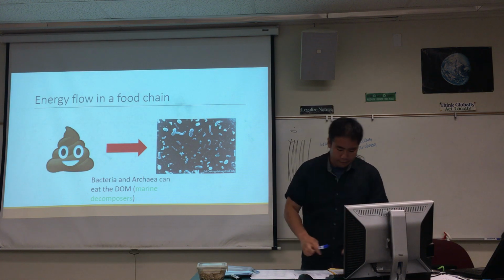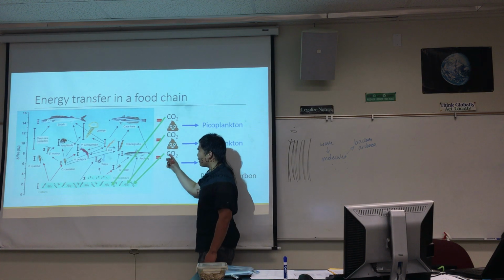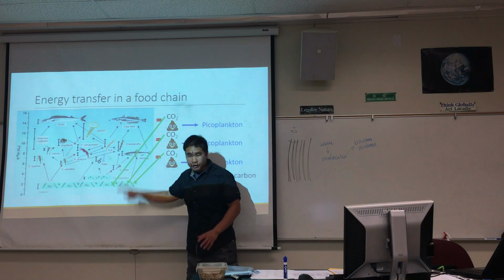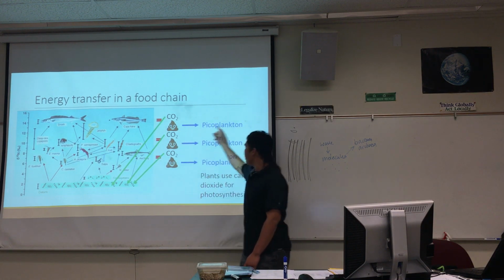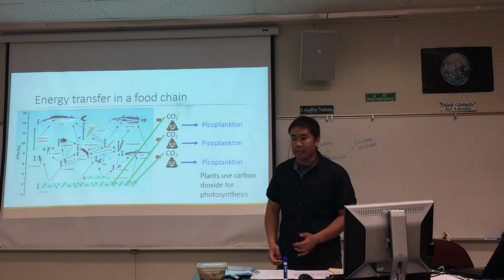Okay, so we made it that far. Carbon dioxide goes to the phytoplankton, we're good, and the phytoplankton get eaten, and it goes back to the food web. All the DOM goes into the bacteria and archaea, which we classified yesterday as picoplankton.